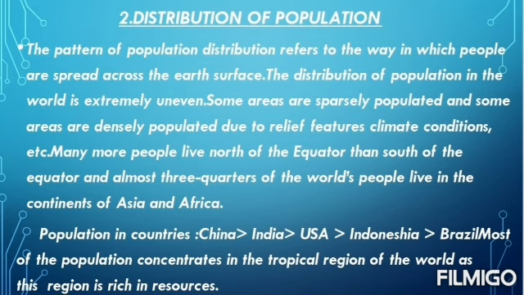Some areas are sparsely populated and some areas are densely populated due to relief features, climatic conditions, etc. Many more people live north of the equator than south of the equator, and almost 3/4 of the world's people live in the continents of Asia and Africa. Populous countries include China, India, USA, Indonesia, Brazil. Most of the population concentrates in the tropical regions of the world, as this region is rich in resources.